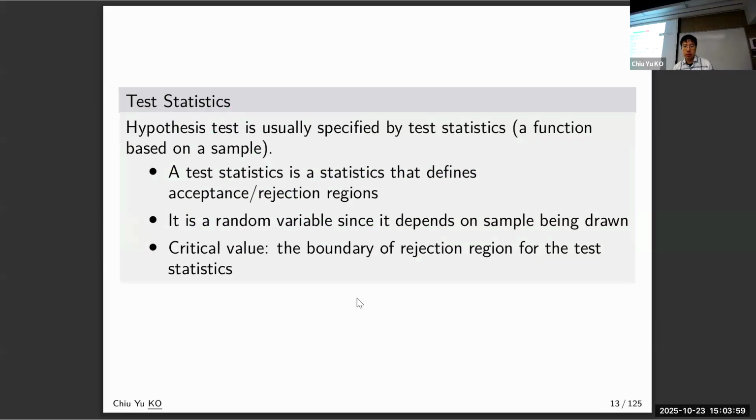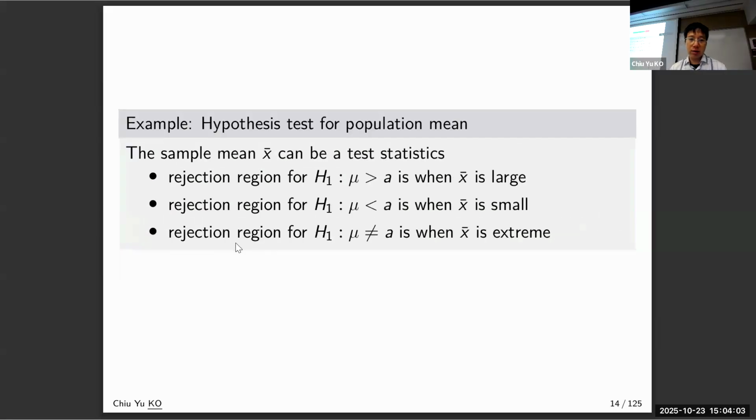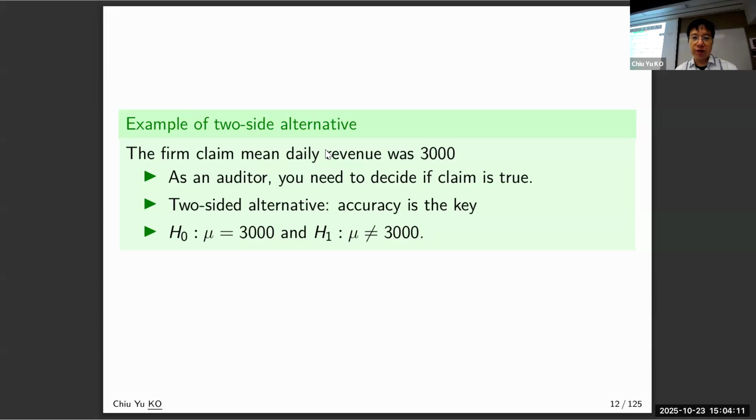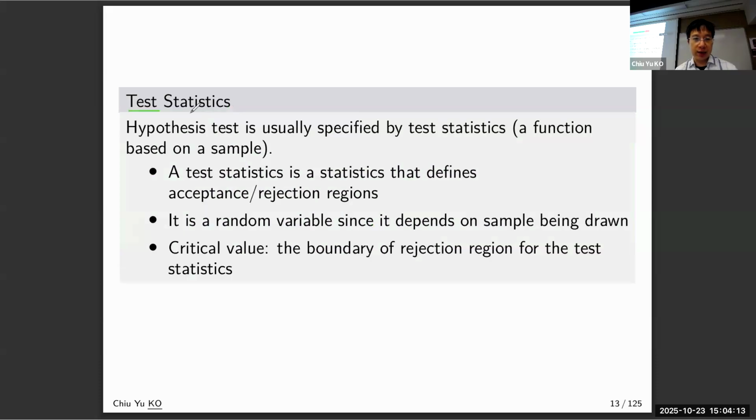Now, once of that, we will define hypothesis testing, and it will involve what we call test statistics. Okay, although I put it gray here, it's technical, but you will see.